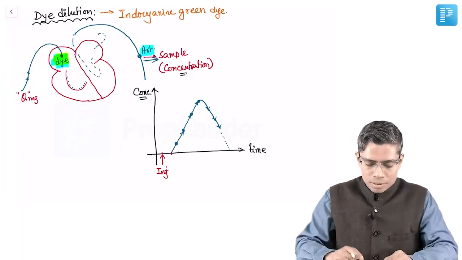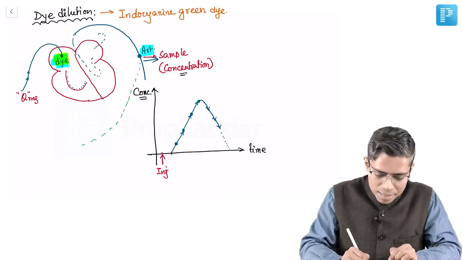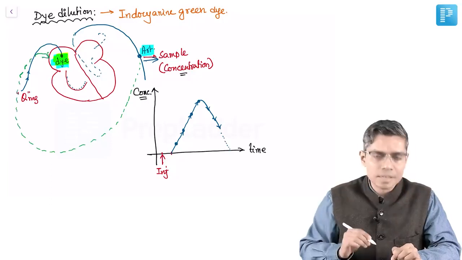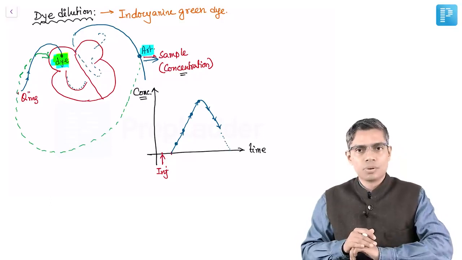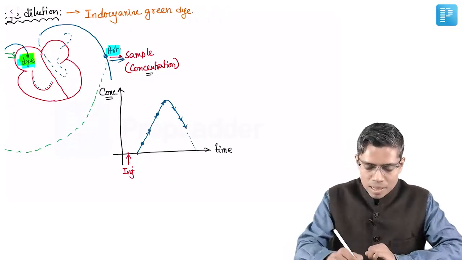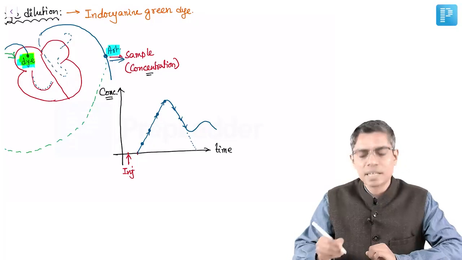Why? Because some of the dye from the arterial circulation will recirculate back into the right atrium. By the time it reaches zero, getting my point? So it will never reach zero, because some of the dye will recirculate back and it will follow a pattern like this.